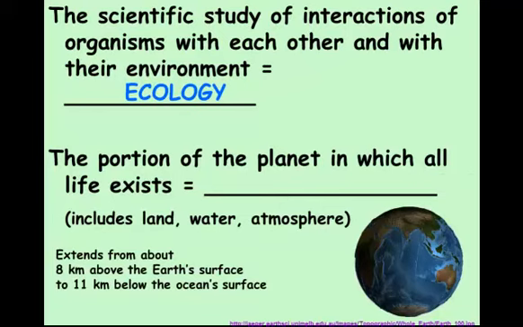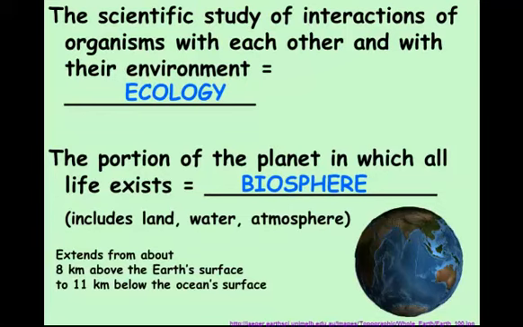Vocab word, biosphere. We kind of mentioned that before in our sequence when we made that kind of build one thing on top of another. But biosphere includes all the places on our planet where living things exist. So if you think about where that biosphere is, it extends from the surface up into the atmosphere about 8 kilometers. We have organisms that can live in that space, fly around, or there's bacteria.